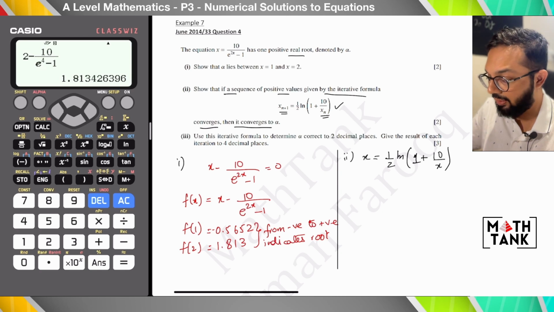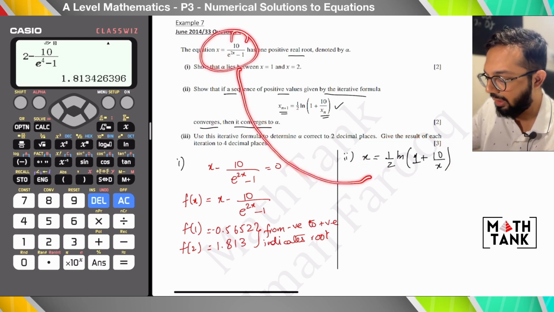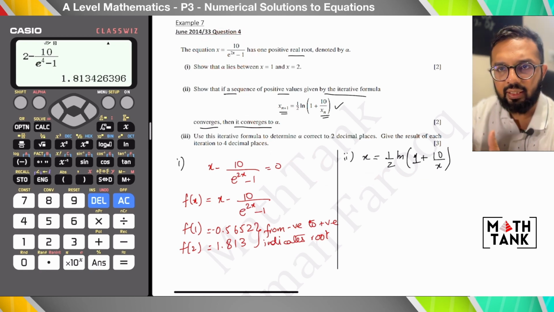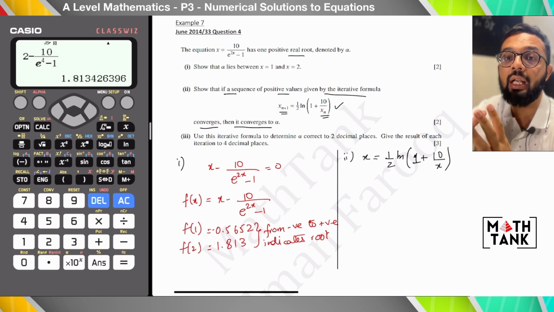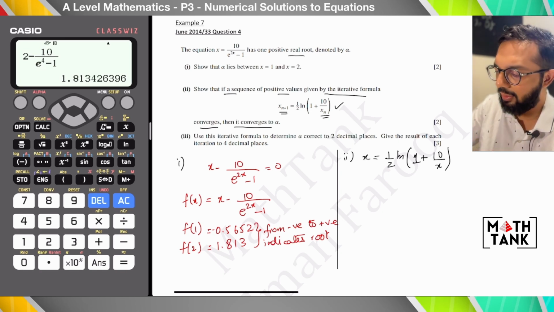And how would I have gotten this? I would have changed the form of this earlier question and brought it to this form so that I could construct an iterative formula. The iterative formula involves making one of the x variables the subject of the equation in order to start the iterative process. That's when you start off with x1 and then x2 and x3 and so on.